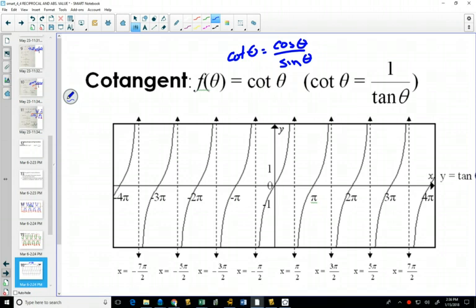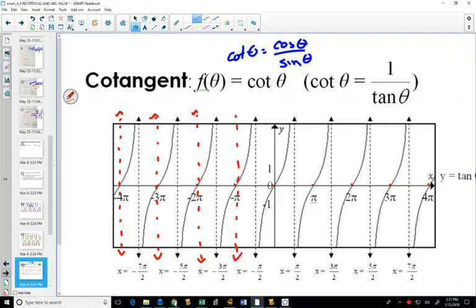So things start off normally with cotangent. Once you graph tangent, you say wherever tangent is equal to 0, so all of these points here, here, here, these are all points where tangent is equal to 0. Well, if tangent is equal to 0, then cotangent is undefined. And so we get all of these asymptotes.